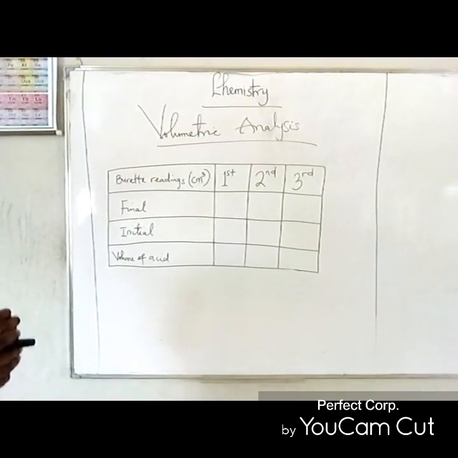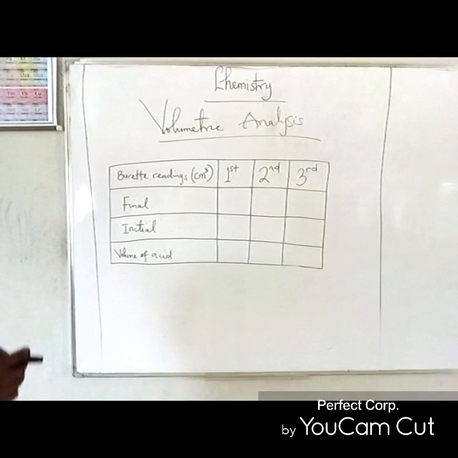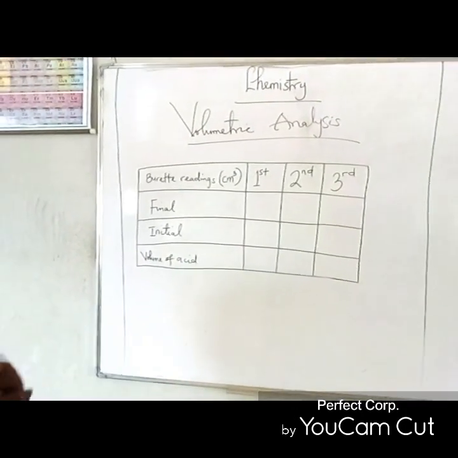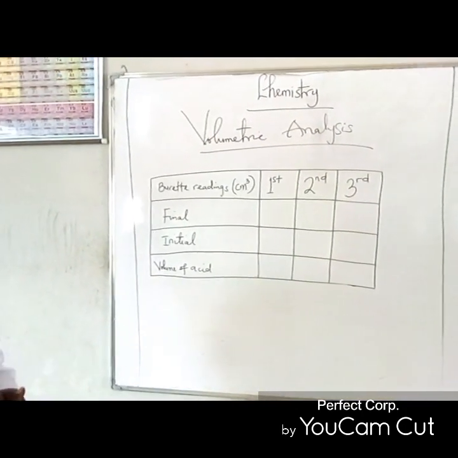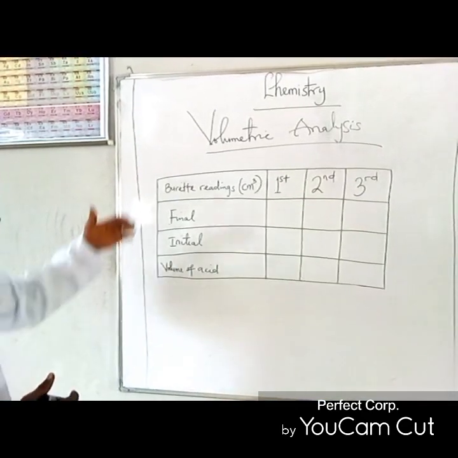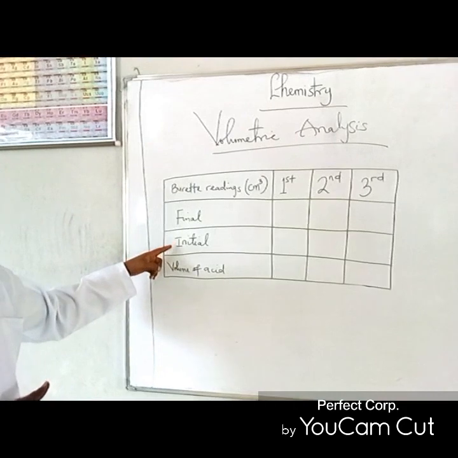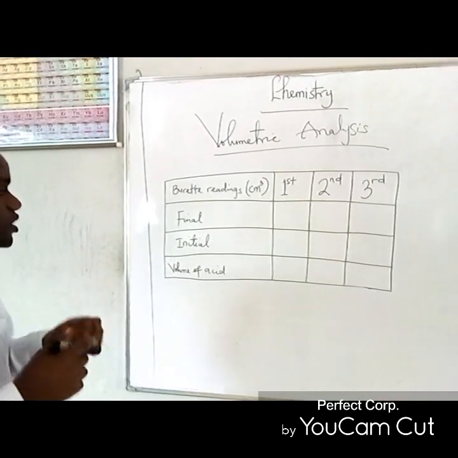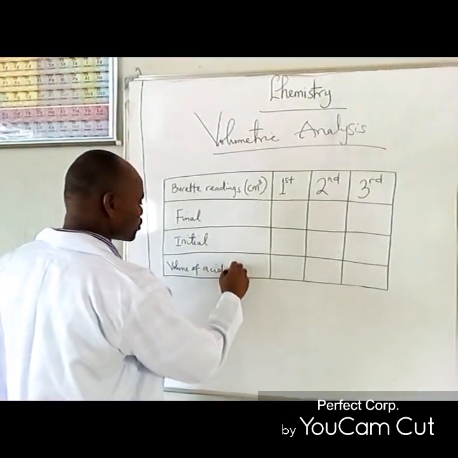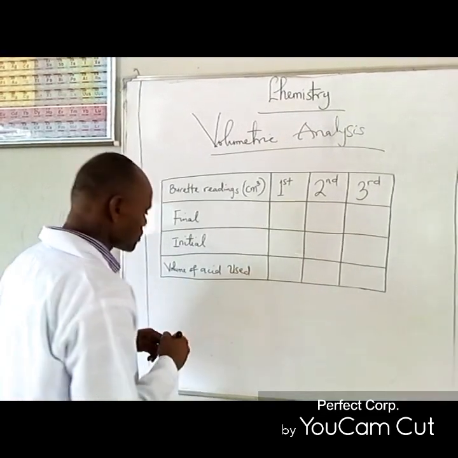Then we have first titre values, second titre values, and the third titre values. Then beneath the burette reading, we have the final reading, initial reading, and the volume of acid used. Please always take note of this.